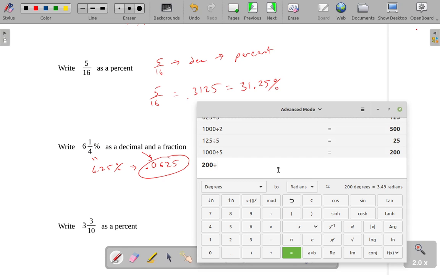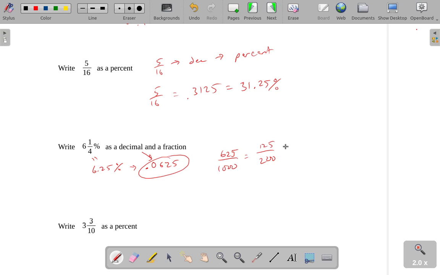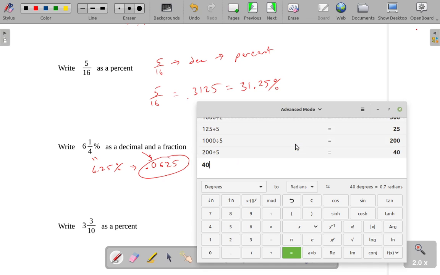Alright, so 2,000 divided by 5. You can see I was starting to write that one in, but whatever. Divide 125 by 5, I get 25. Divide 2,000 by 5, I get 400. So we get 25 over 400. Both the top and bottom are still divisible by 5. We get 5/80.